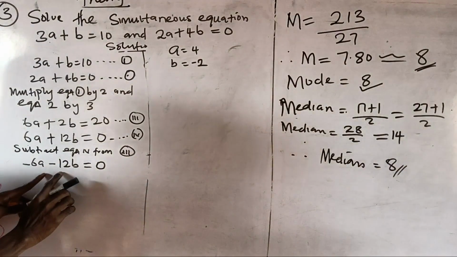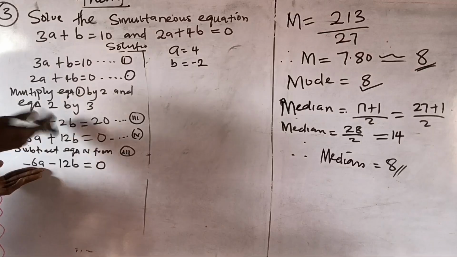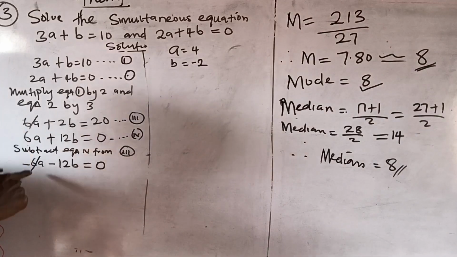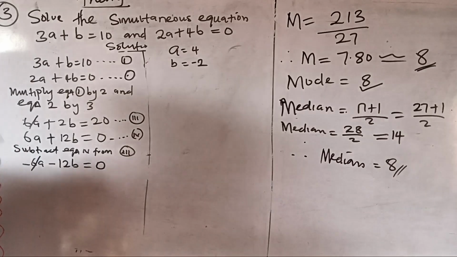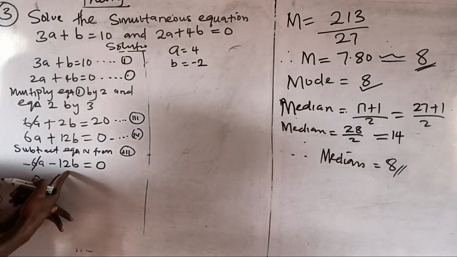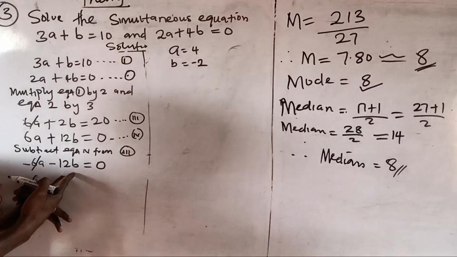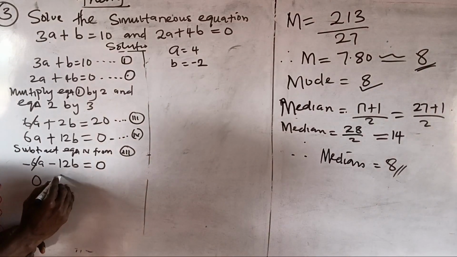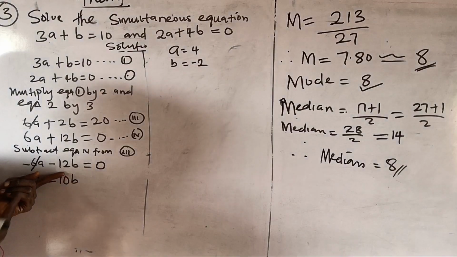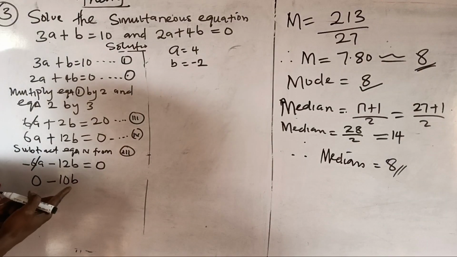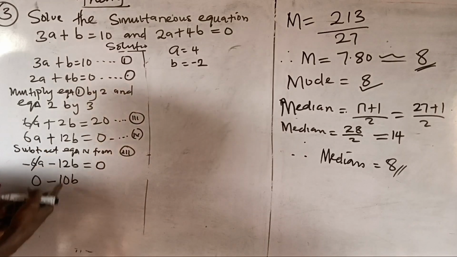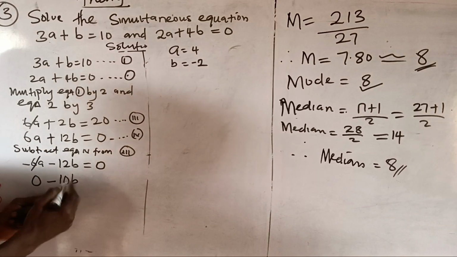So this is the minus and I'm going to subtract this from this. So this 6a cancels this because 6a minus 6a will give us 0, right? Plus 2b minus 12b will give us minus 10b because you have 2b, right? You are owing 12b and you have 2b.